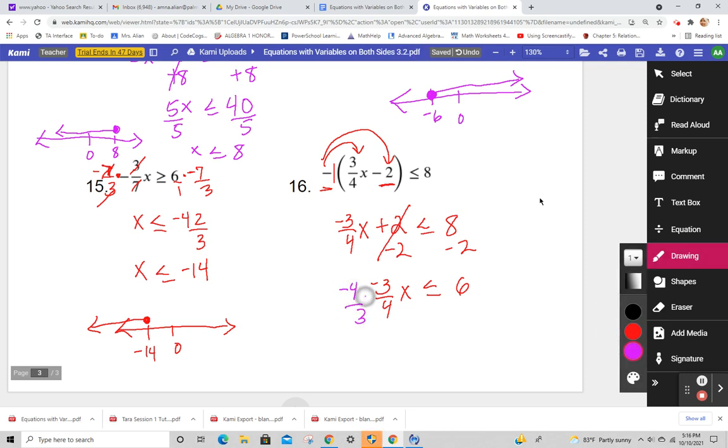Negative 4/3 here and negative 4/3 here. These will cross cancel, giving us x. We are multiplying both sides by a negative coefficient. We have to flip the sign. We'll have negative 24 divided by 3. So x is greater than or equal to negative 8. Should be to the left of 0, and it's equal to or greater.